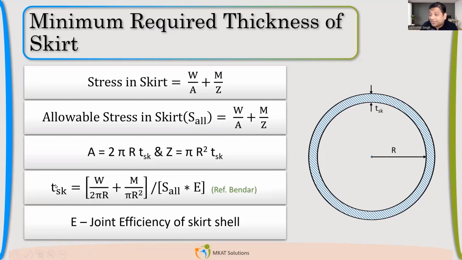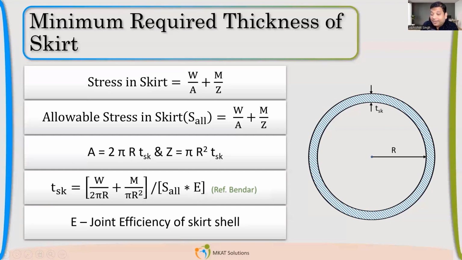So the thickness of the skirt will become this. You can include the efficiency of the skirt also, because your skirt may be butt welded and radiographed. So that you also have to consider here. So joint efficiency will also be part of the thickness calculation.